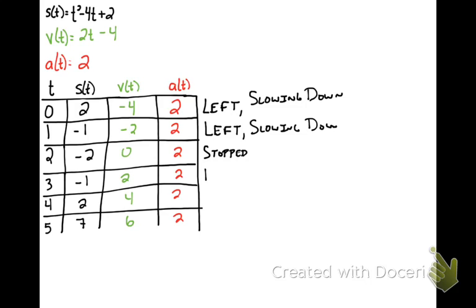And now at t equals 3 and on, it is moving to the right because the velocity is positive. And in all three of those cases, because the acceleration is now in the same direction as the velocity, the particle is speeding up because the acceleration and the velocity are now working together.